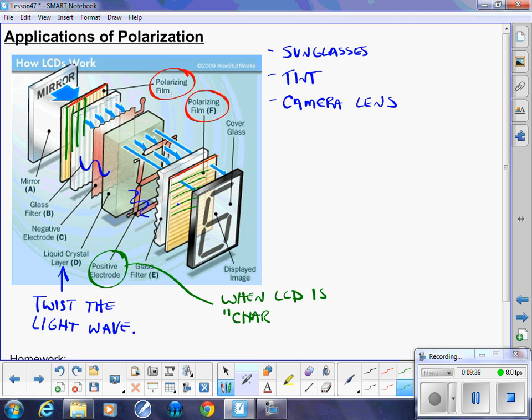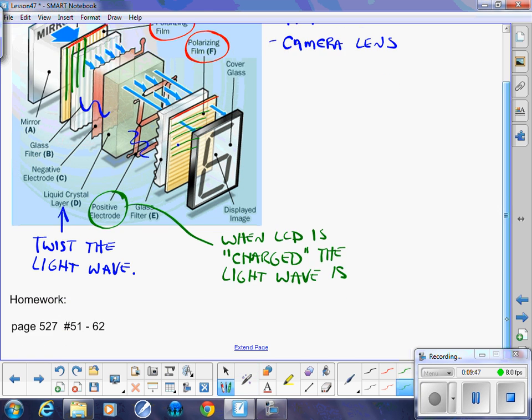Again, I'm just keeping it simple here. The light wave is untwisted. So that means it goes back to its original orientation and therefore will be blocked by the second polarizing film.